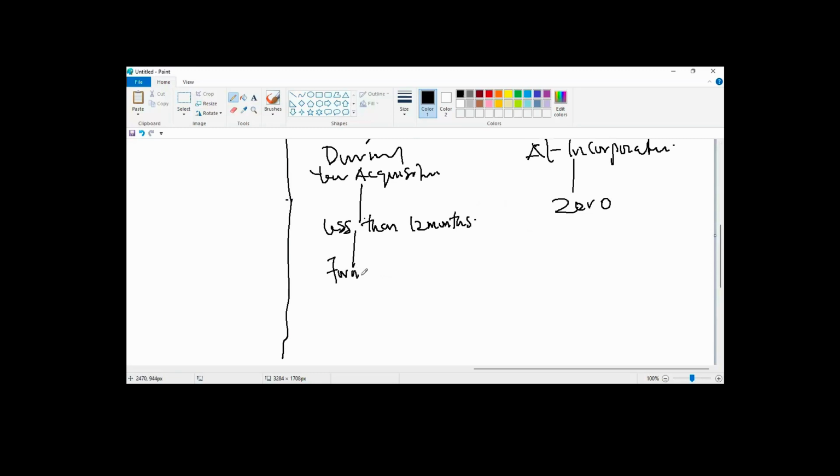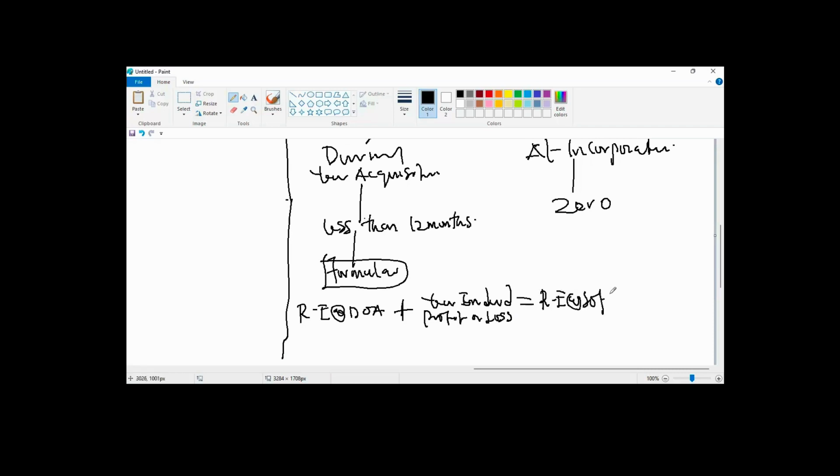In this formula, we have 2 options. I can decide to use this formula by saying retained earnings at the date of acquisition plus year-ended profit or loss equals retained earnings at SOFP.